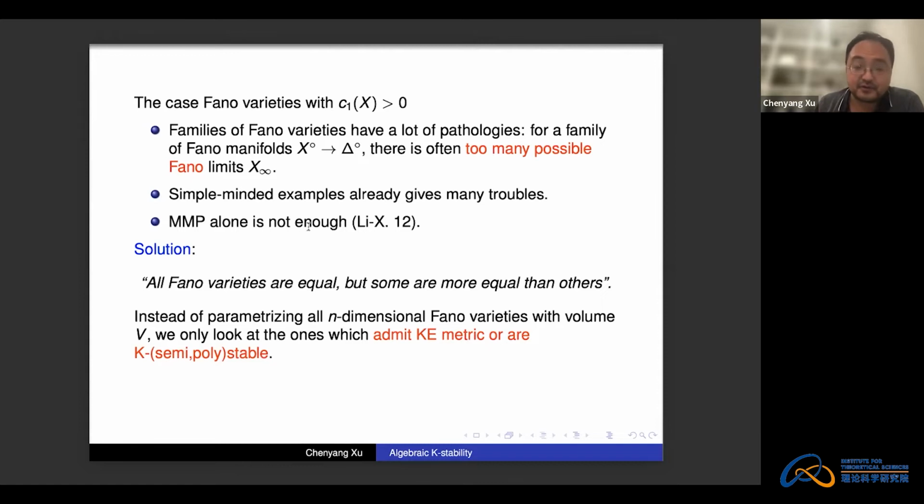Instead of looking at all n-dimensional Fano varieties, we actually look at the ones with a Kähler-Einstein metric, or algebraically, we just look at the K-stable ones.